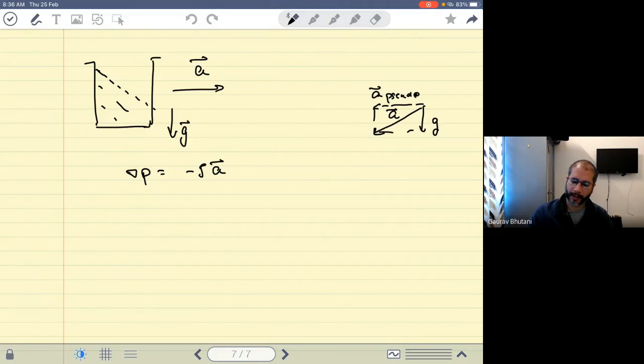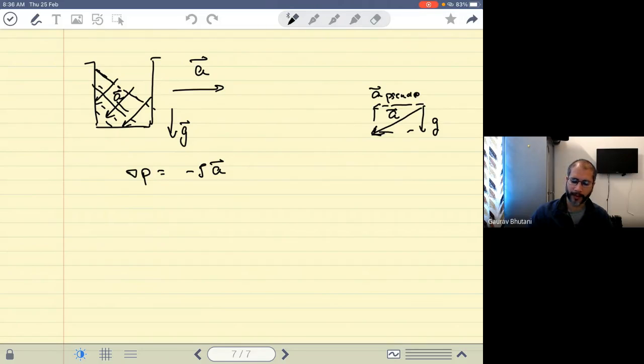And again, grad P is perpendicular to the force. Since the force is acting along the acceleration direction, so this is the direction of A, and your pressure isobars or constant pressure lines will be perpendicular to this force.